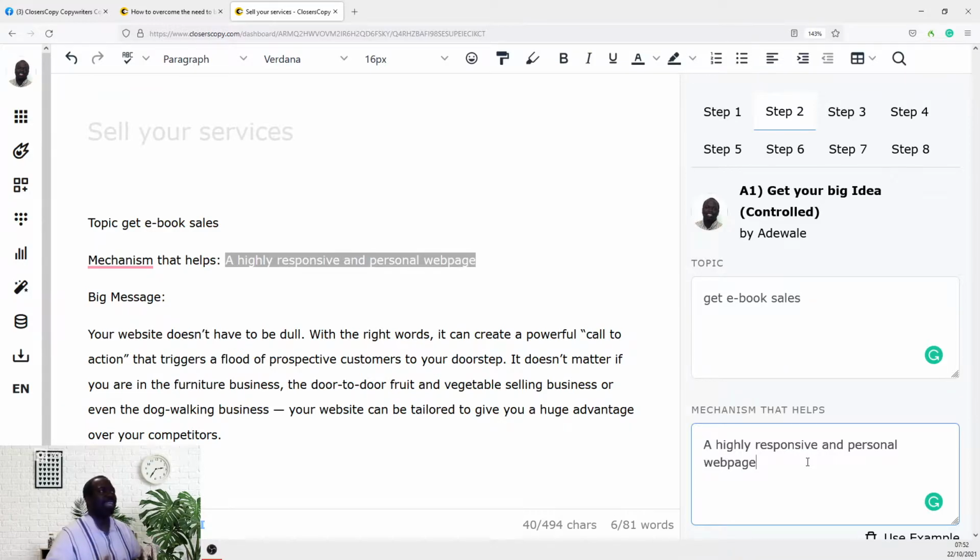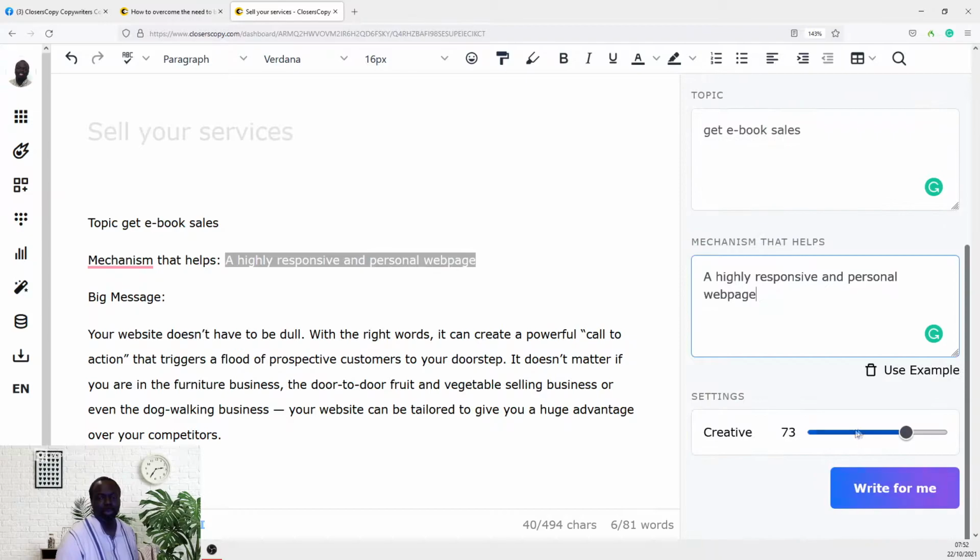Whilst you don't want to give the full picture of what you're writing about, you want to put this out in a big idea, in a big message that seems tantalizing and interesting to people. And that's why we're getting this big message content out first. And from that, we go into creating our email angles.